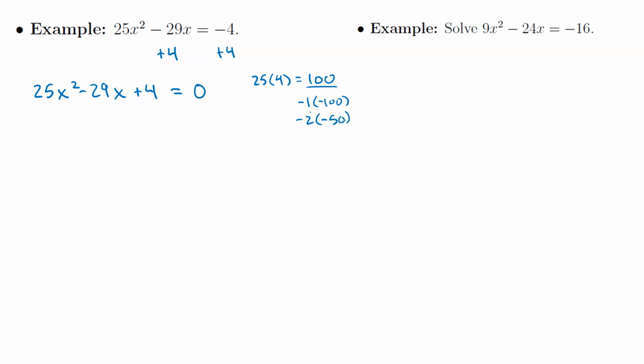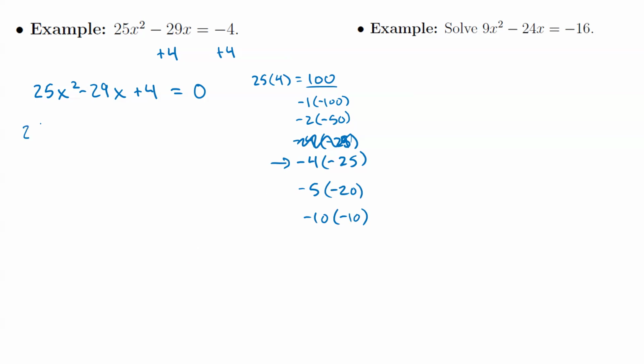And remember, these numbers will need to add to make -29, so neither of those work. Looks like this one's the one, right? -4 times -25. We'll go ahead and just finish this off real quick. -5 and -20 would have been a possibility, and -10 and -10, but this is the right choice.